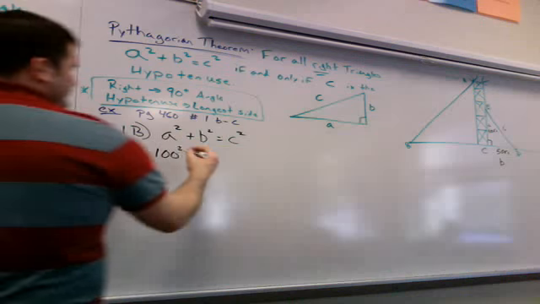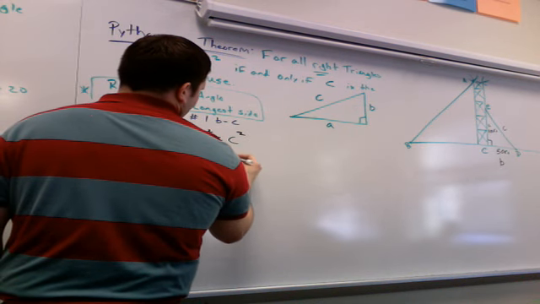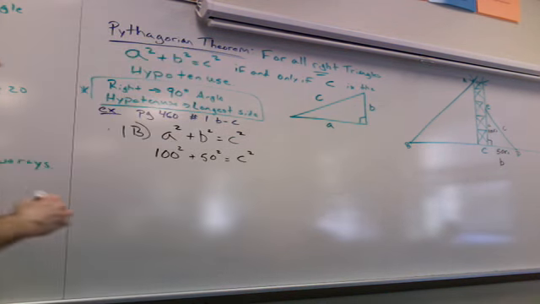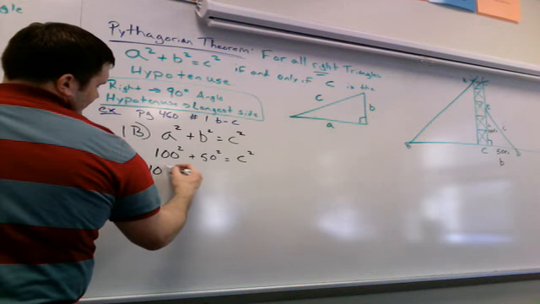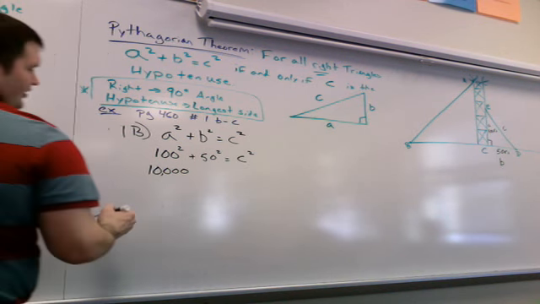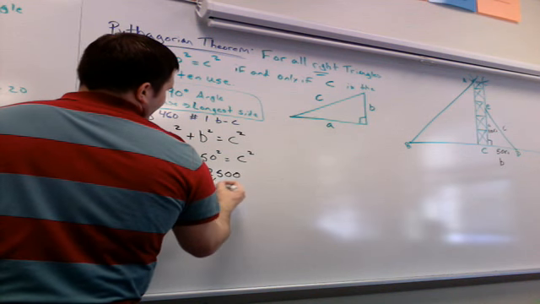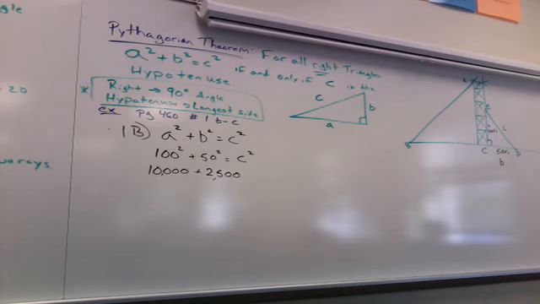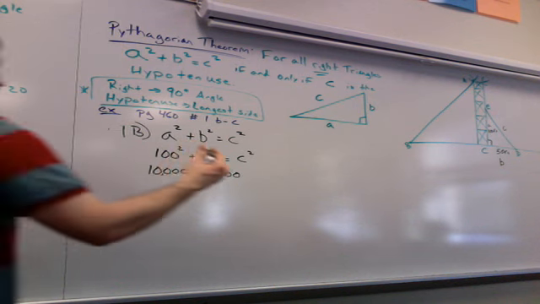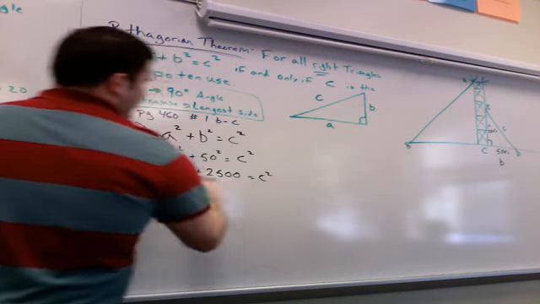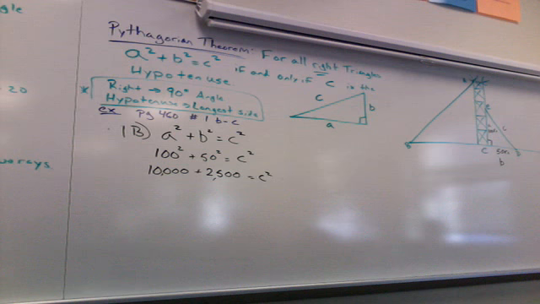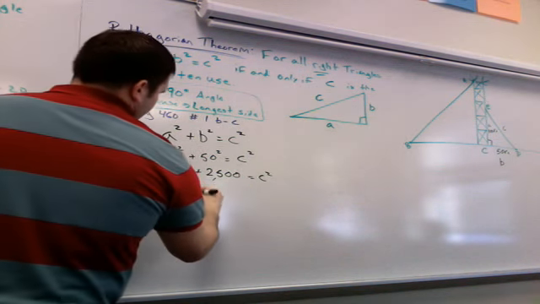Plug in my B as 50, and we got to find our C. 100 squared is 10,000, good. 50 squared is 2,500, right? And we still have c squared. Now add those two together, what do we get? 12,500, good.